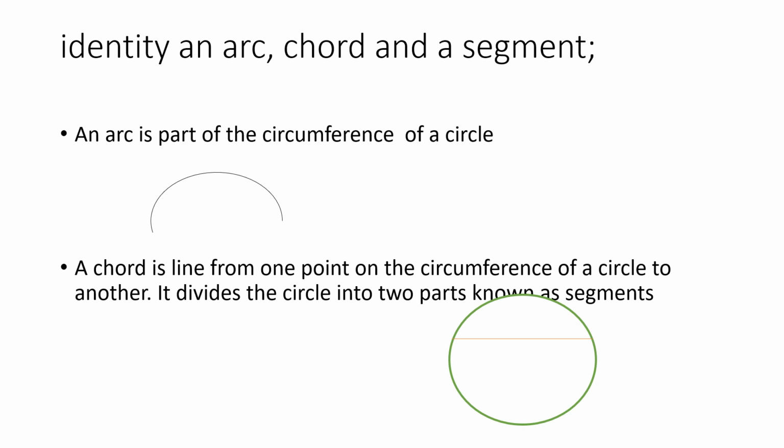It does not cut through, it just touches the circumference. A chord divides the circle into two parts. These are the parts we call the segment. The smaller part is known as the minor segment, and the larger one is known as the major segment. This one I believe you know.